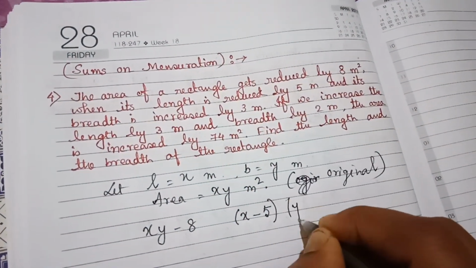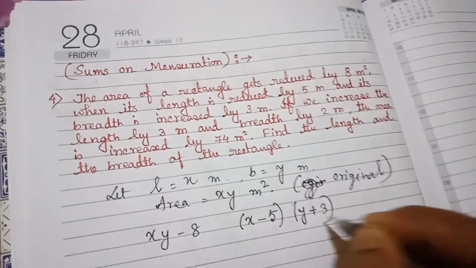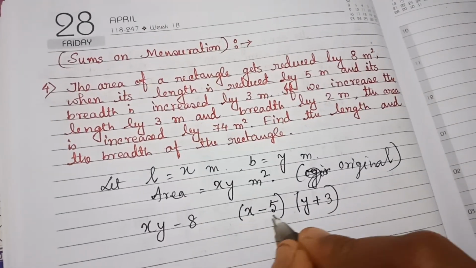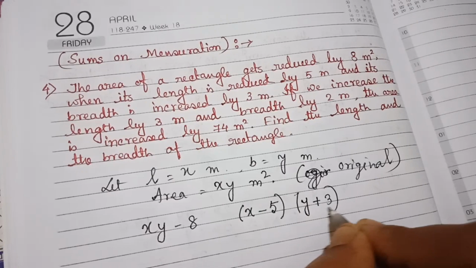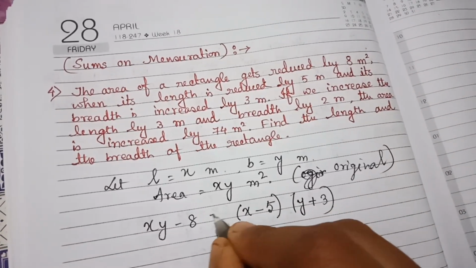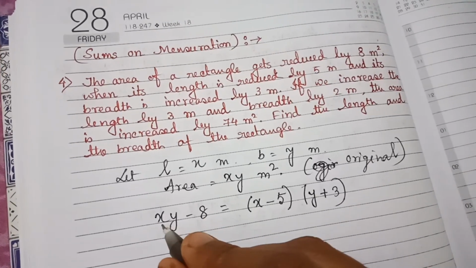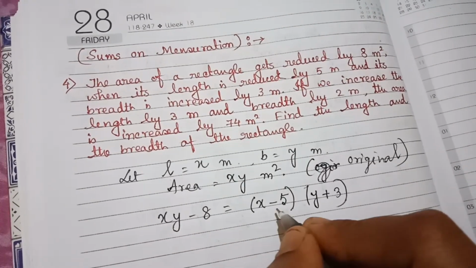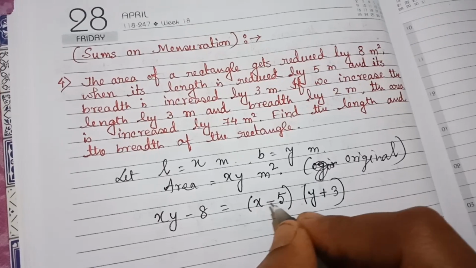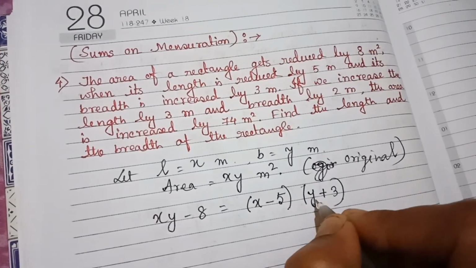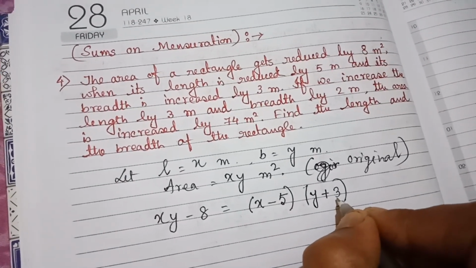So the new length is this and the new breadth is this. For that, the new area is this: original minus 8, and the length is original minus 5 and the breadth is original plus 3.